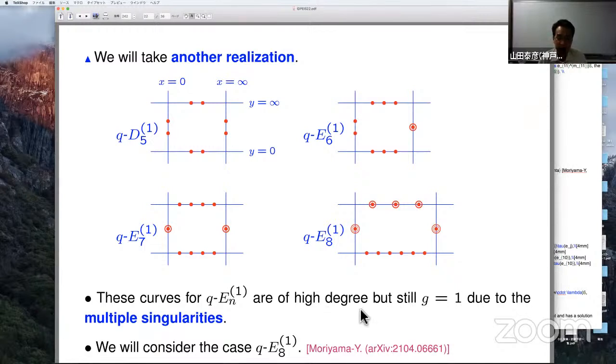And in this configuration, the pole divisor of the symplectic form is given by the multiple lines. So we have the standard canonical form, and the quantization is given by the usual q-commutator.